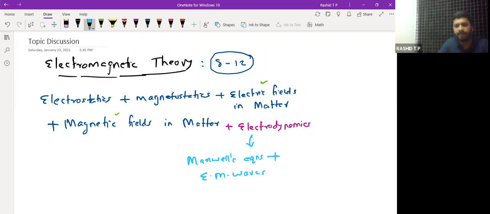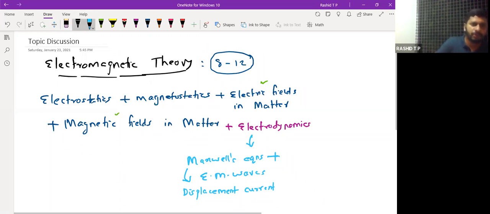While studying Maxwell's equations, you will come to know the displacement currents. These are the broad areas that we will cover in the electromagnetic theory paper.